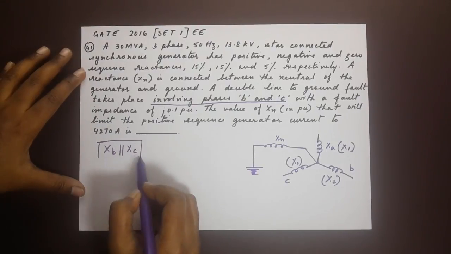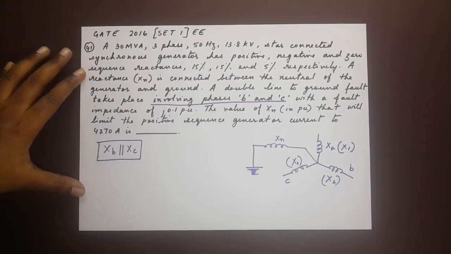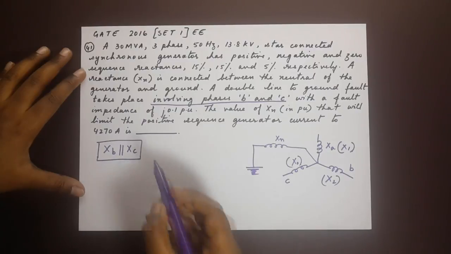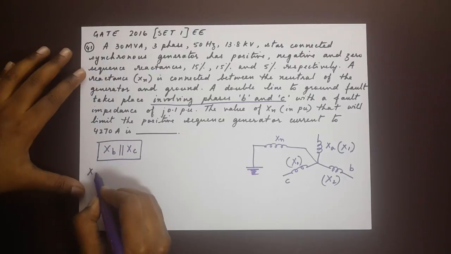So this is an important point. Let's keep that in mind. Now the next thing is, let's find out what the base current is. Now you should know that we always need a reference value. So we have to calculate the base current. I'll just write down what is already given to us.